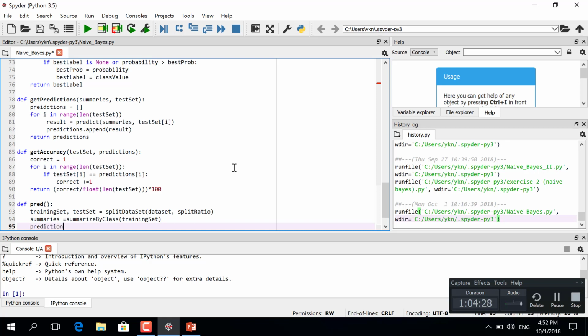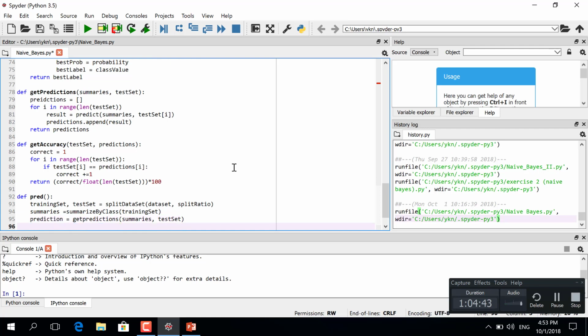And prediction is equal to get prediction with summaries comma test set, and we can print prediction is equal to, comma, prediction.